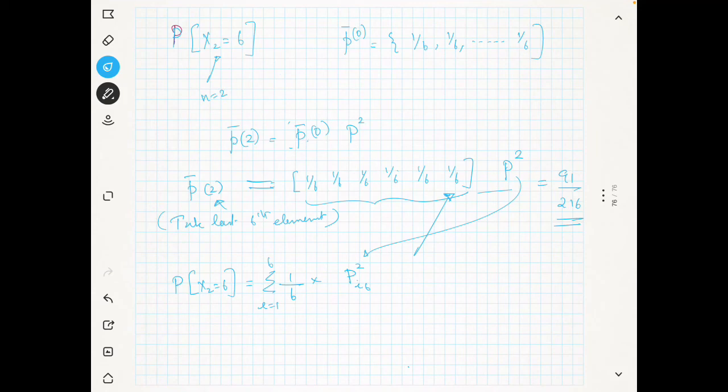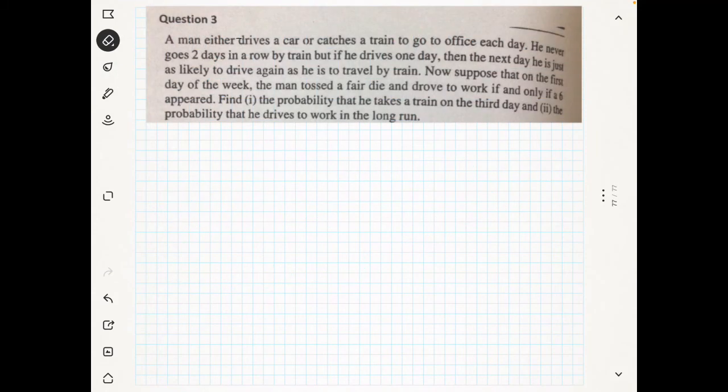I hope this part is clear to you. Next we have one more problem. The question is, a man either drives a car or catches a train to go to office.